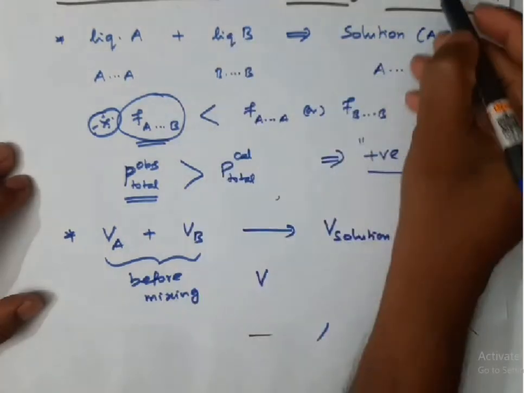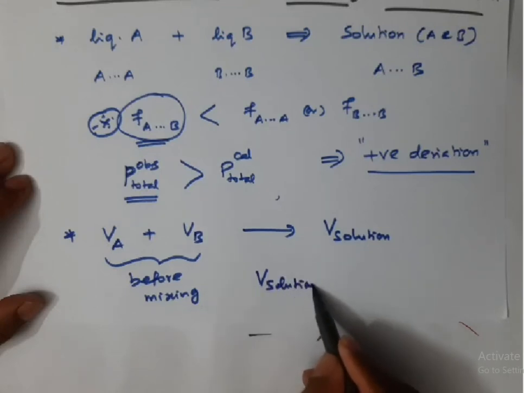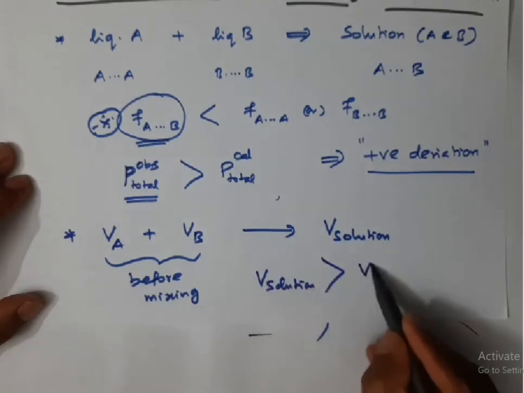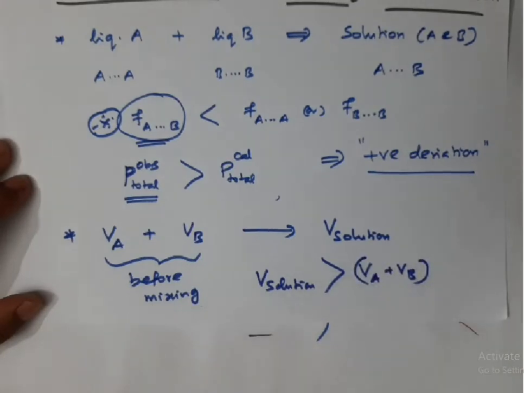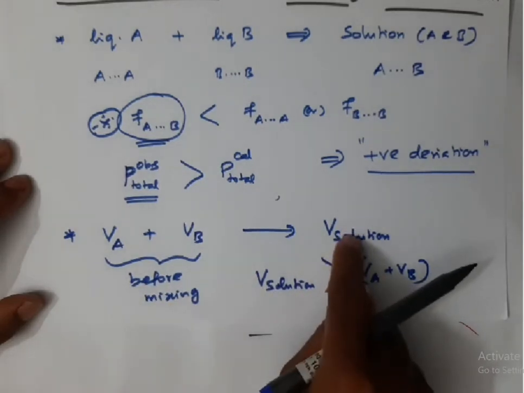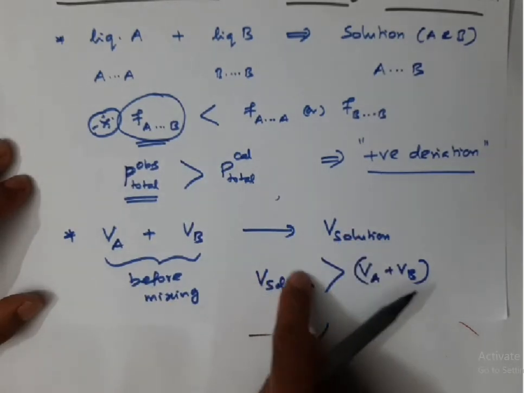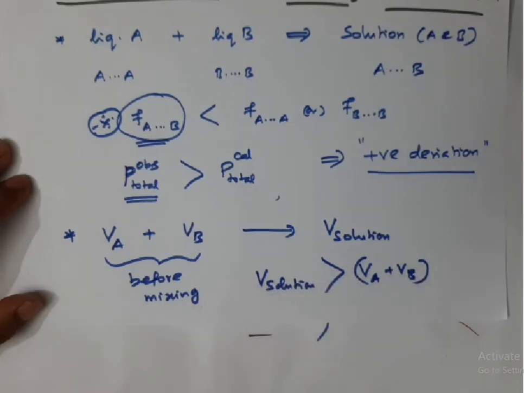In a solution showing positive deviation, the volume of the solution is greater than the sum of the volumes of the pure liquids A and B. This is the total volume before mixing, and this is the total volume after mixing. Total volume after mixing is greater than total volume before mixing.